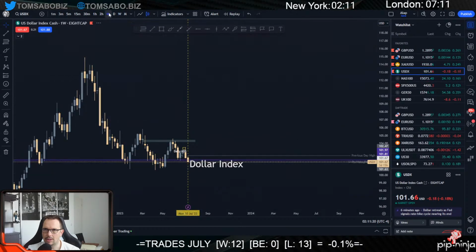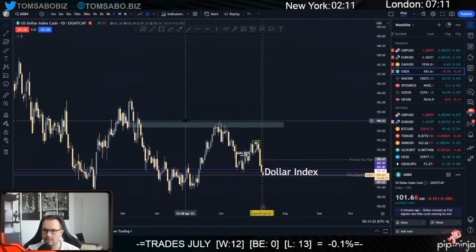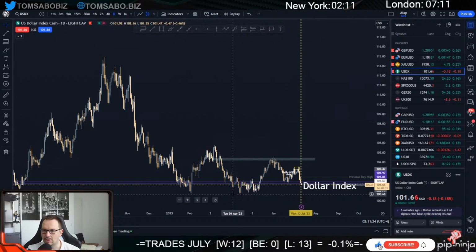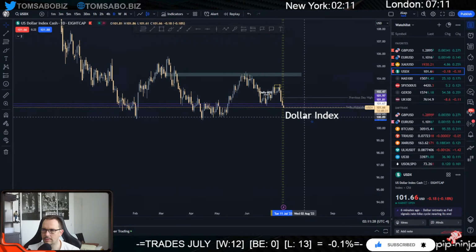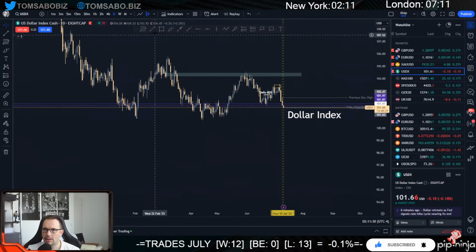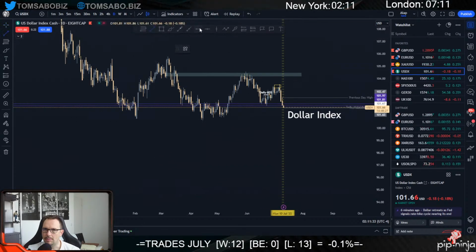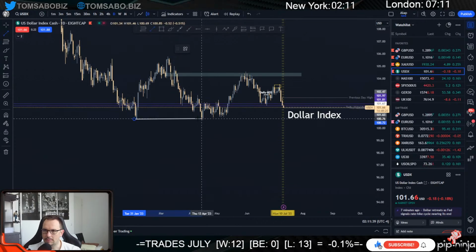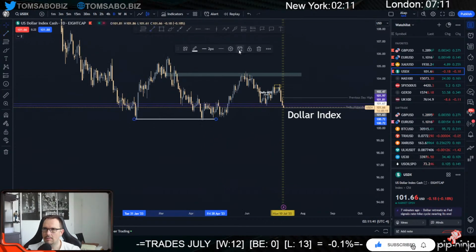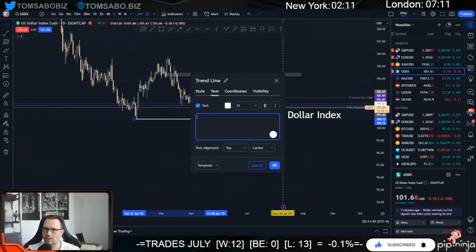Okay, so dollar index is clearly, look at that. It looks like it wants to take out these relative equal lows here in the long term. These here, in my opinion, are relative equal lows. Not the perfect one, I know that, but let's just type it here.